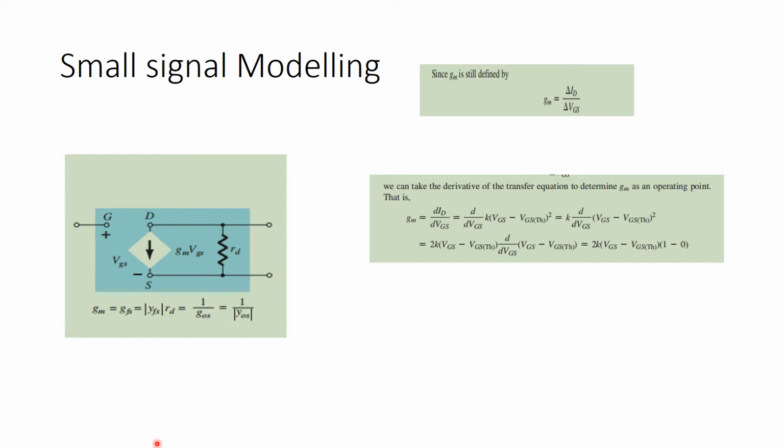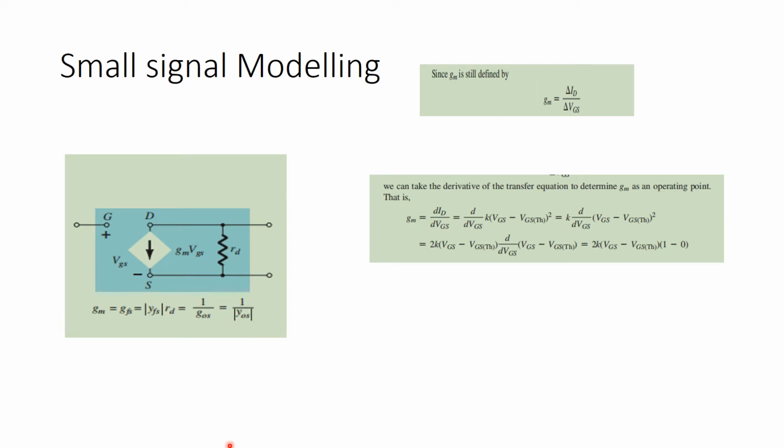We can differentiate the transfer equation to determine gm at the operating point. The operating point in the EMOSFET is decided by the transconductance gm. So take the derivative of the relation: gm is delta ID upon delta VGS.